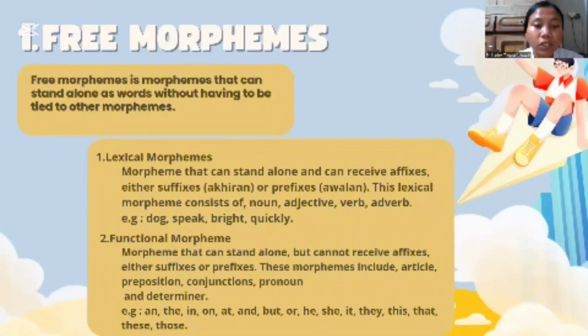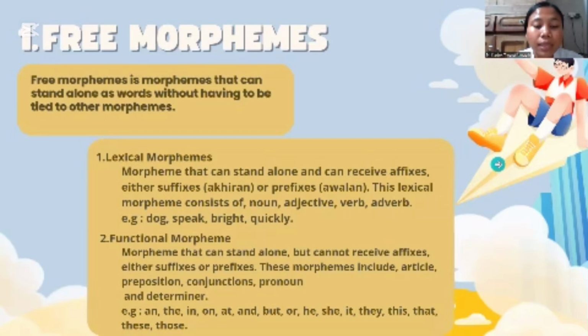And the next is the functional morpheme. A functional morpheme is a morpheme that can stand alone but cannot receive affixes, either suffixes or prefixes. These morphemes include articles, prepositions, conjunctions, pronouns, and determiners. Examples of articles are an, a, the. For prepositions: in, on, at.